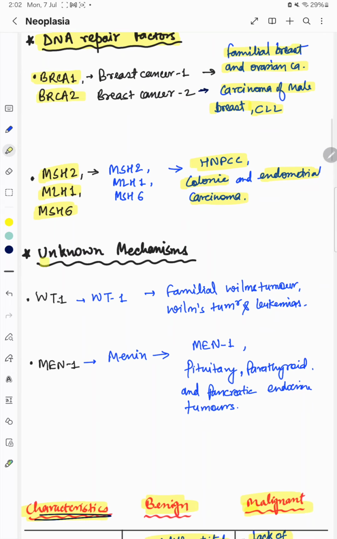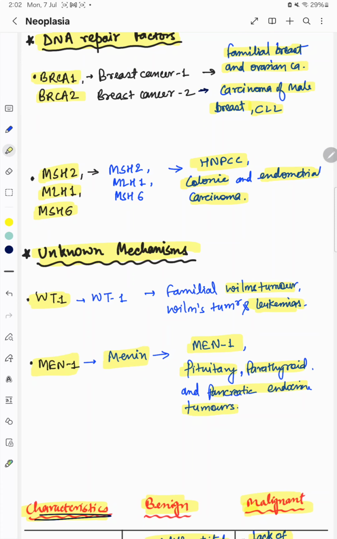Last category is some unknown mechanism. Genes include WT1. Mutation of this gene is seen in Wilms tumor and some leukemias. MEN1 gene encodes the menin protein. Mutation of the MEN1 gene will result in MEN1 syndrome: pituitary, parathyroid and pancreatic endocrine tumors.